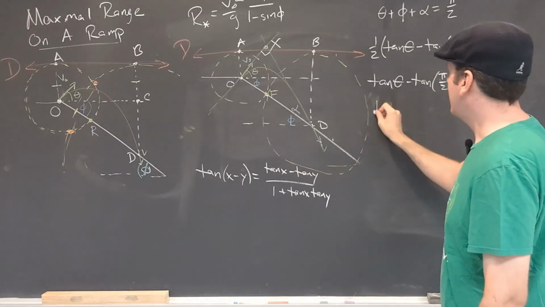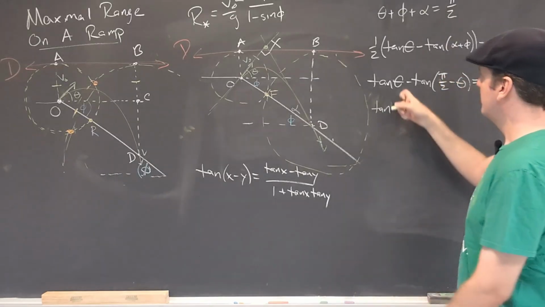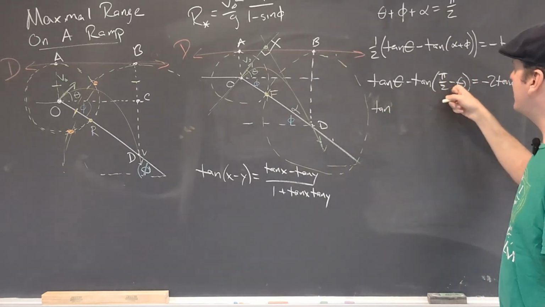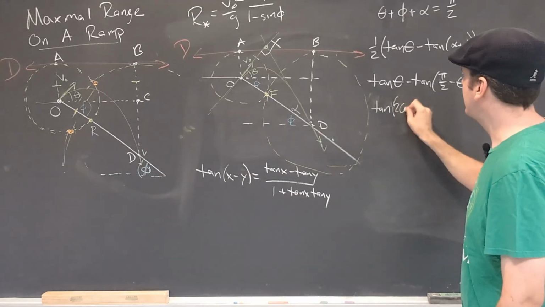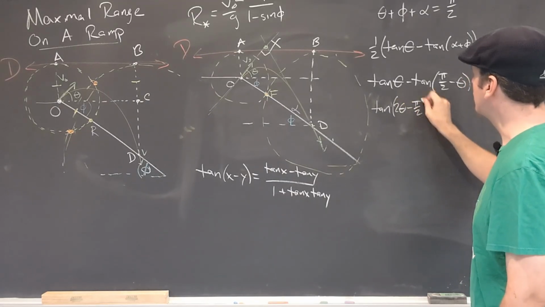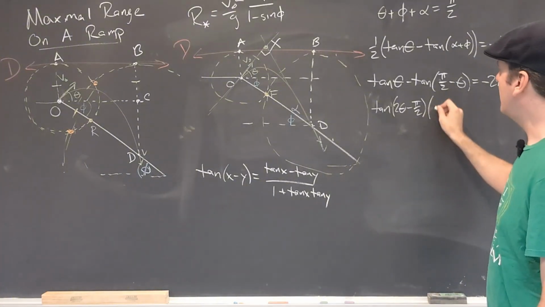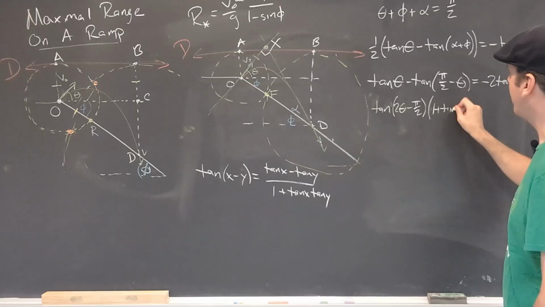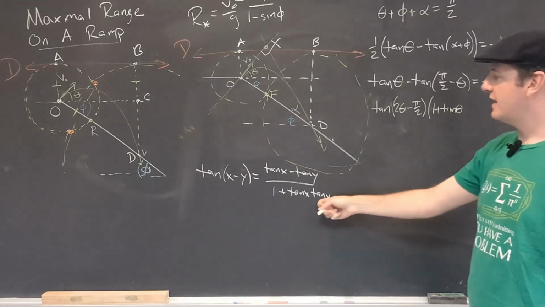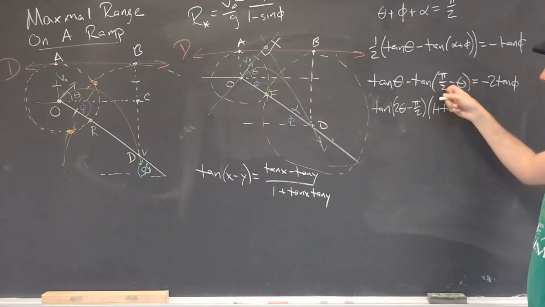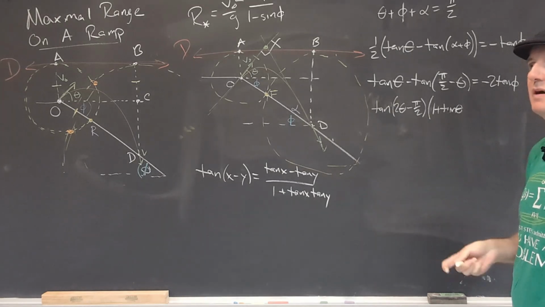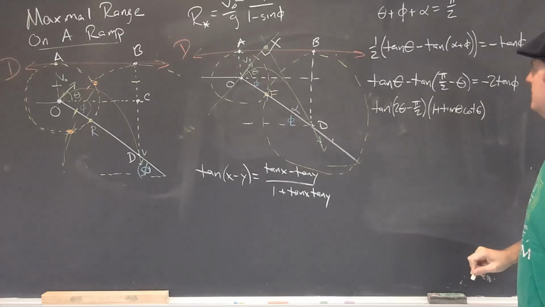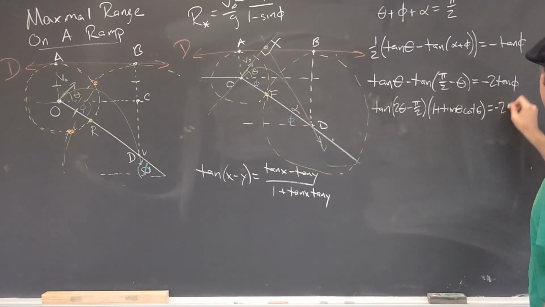I will have a tangent of this minus this. Well, notice that's going to be theta minus theta, which is 2 theta minus pi over 2, all times 1 plus tan theta times tangent of pi over 2 minus theta. But tangent of pi over 2 minus theta is cotan theta. So that's actually going to turn out kind of nice.